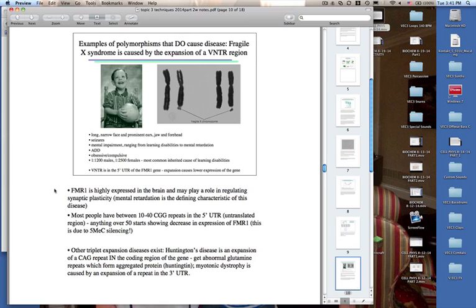So as you get closer and closer, and again, this is a mutation that is inherited and it's expanding in the germline. So as you get closer and closer to 35, it starts jumping and more frequently expanding to a problematic size as the inheritance pattern goes on.